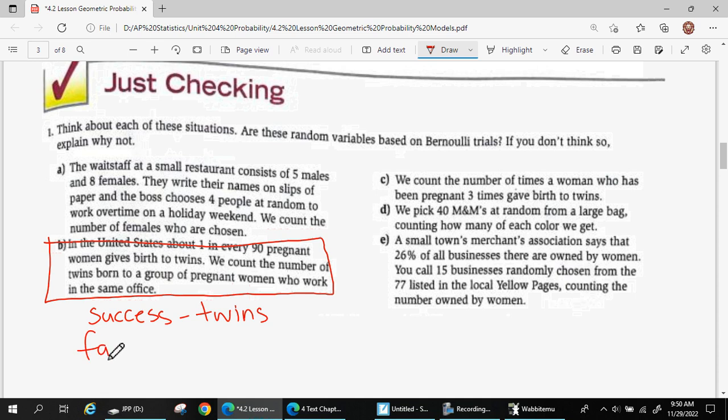Failure would be, well, they call it like a singleton birth where you have one child, or maybe they had triplets, but we'll say no twins. So again, having twins doesn't mean you're successful, but in this case, we're just labeling that as our success. And we have the fixed probability P of 1 in 90, and therefore our Q is 89 in 90.